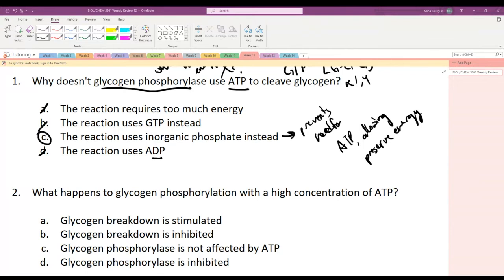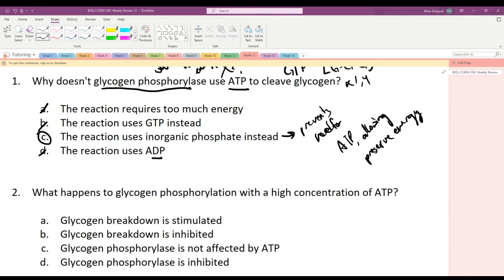Where two things bind and water gets kicked out, like with amino acids turning into peptide bonds, right? However, this is called phosphorolysis, excuse me.